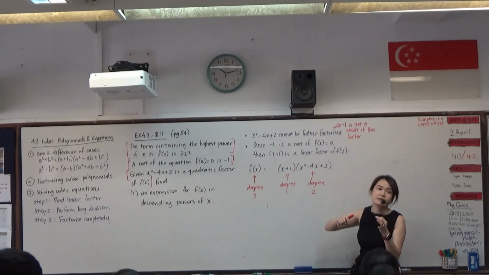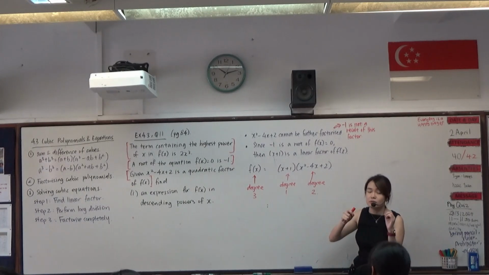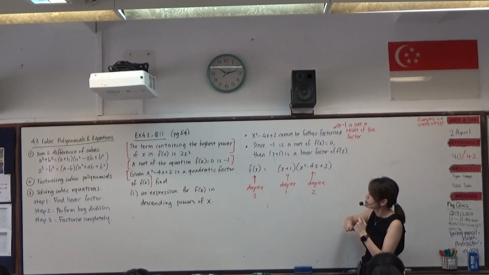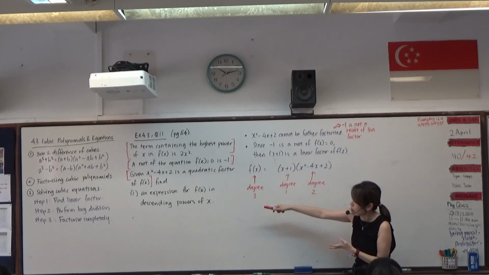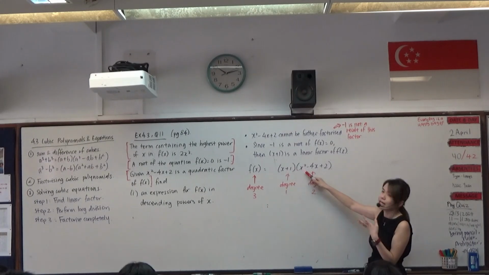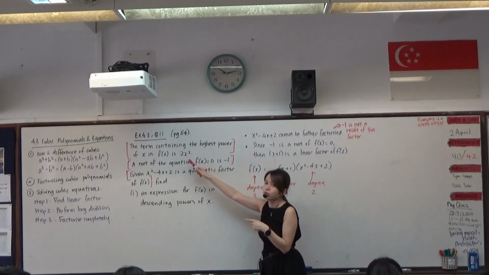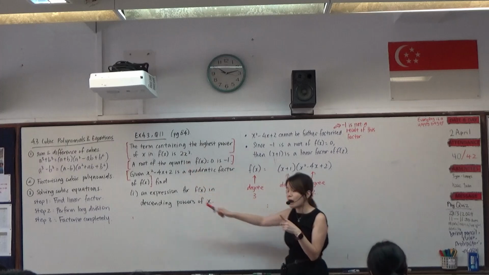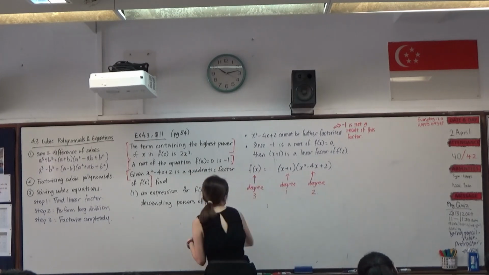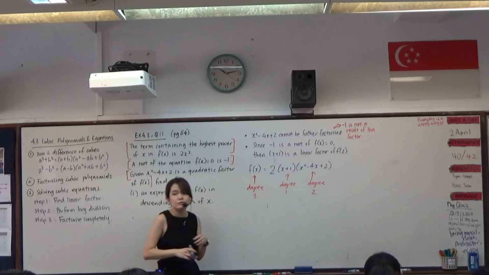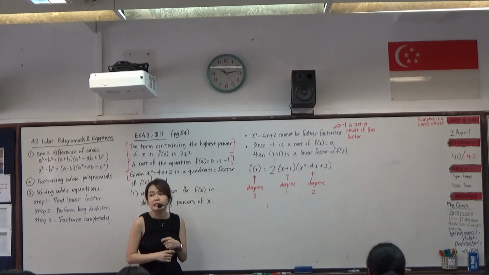But is this correct? It isn't. Why? Because, yes, they say what they want in expanded form, x times x squared, I'm going to get x cubed, but will it give me 2x cubed? No. So our f(x) should actually be 2 times (x plus 1) times (x squared minus 4x plus 2).